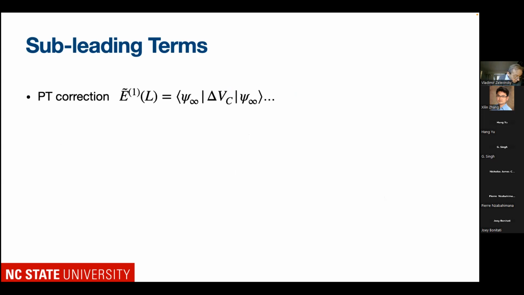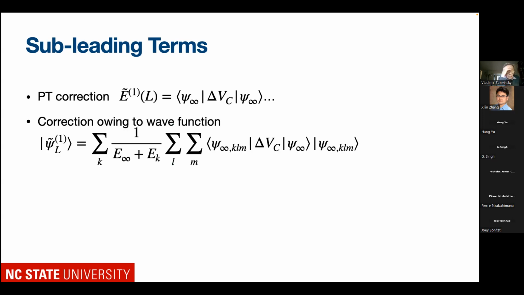The first term is the perturbation correction, because we are using intermediate Hamiltonians. And this term is bounded by the leading corrections because the energy difference compared to the infinite volume is always positive.